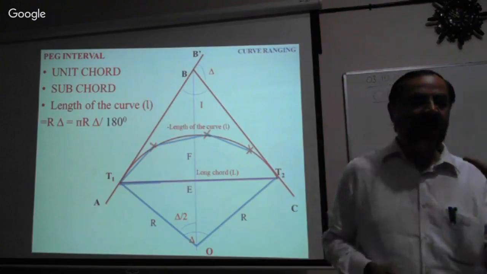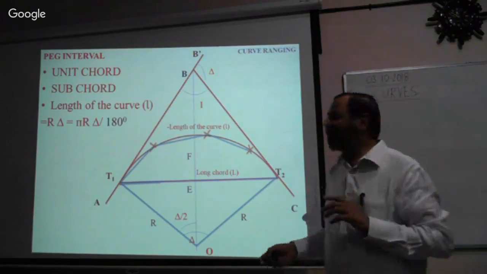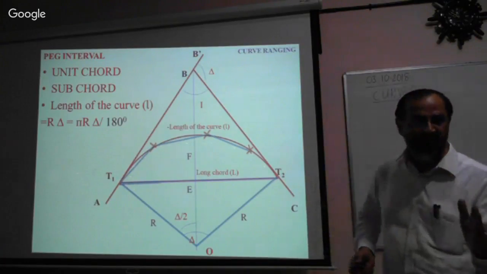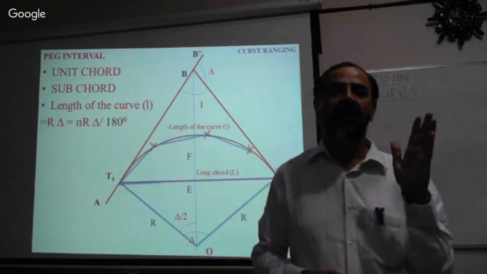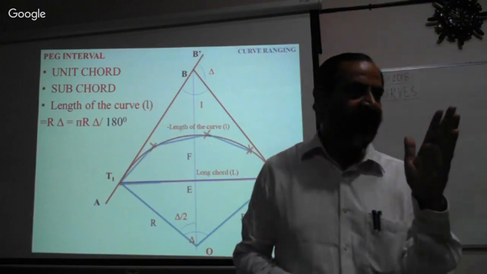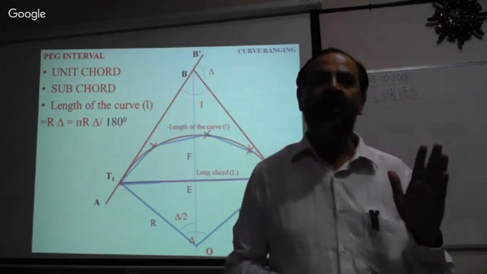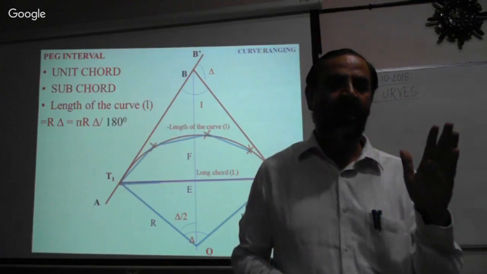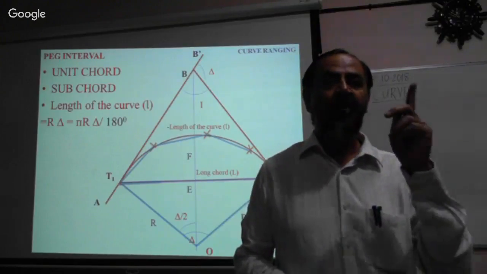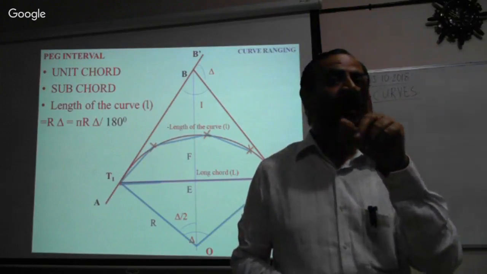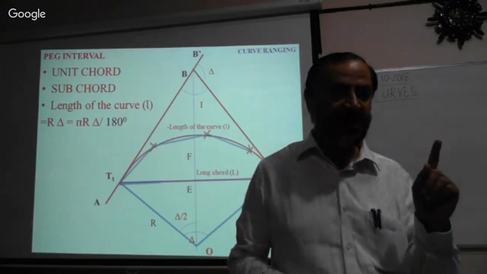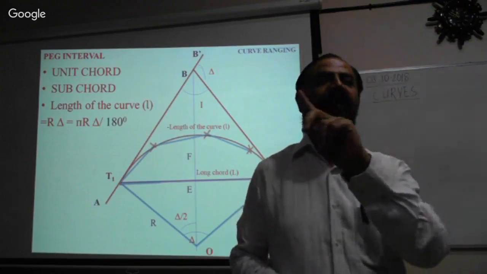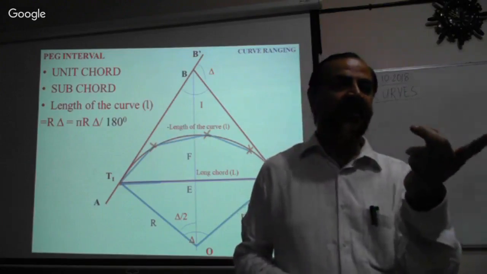We are dividing the 345 meter curve into cards. So we get 11 cards plus a residue of 15 meter. 30, 30, 30, 11 times, 330, and we are left with 15.